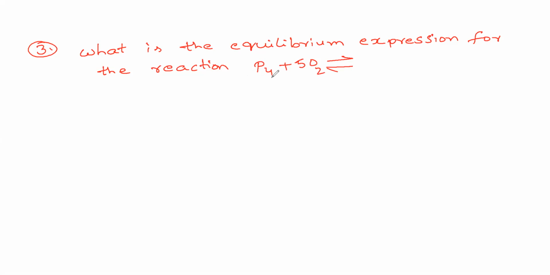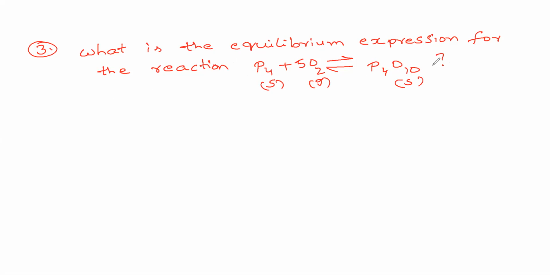P4 is solid phosphorus and oxygen is gas, and P4O10 is also solid. Now, what is the equilibrium expression for this reaction?